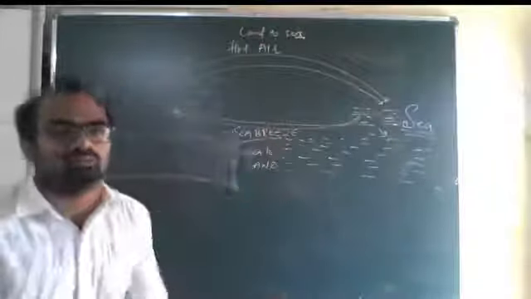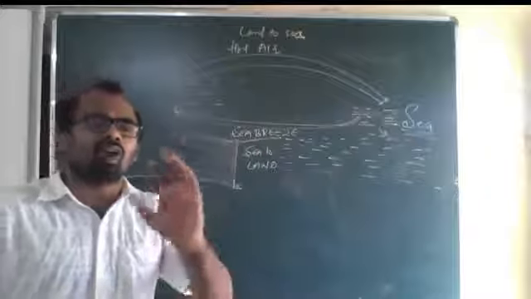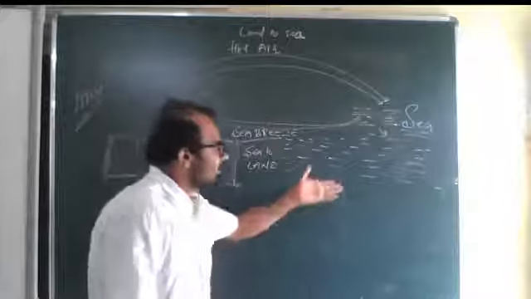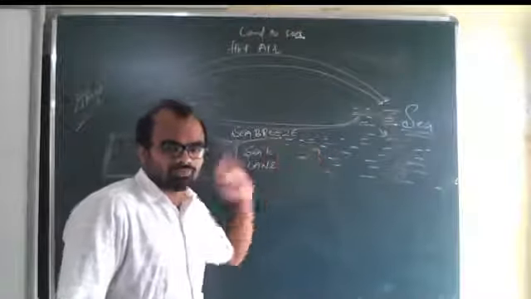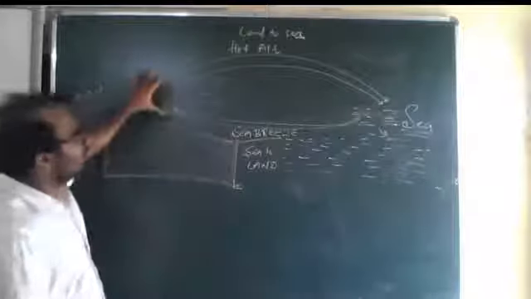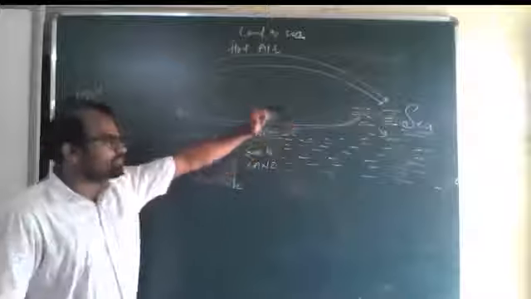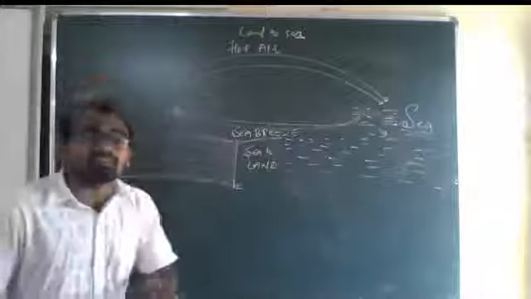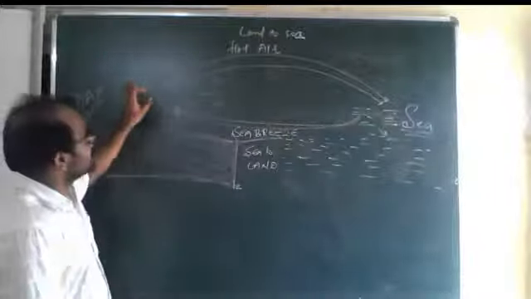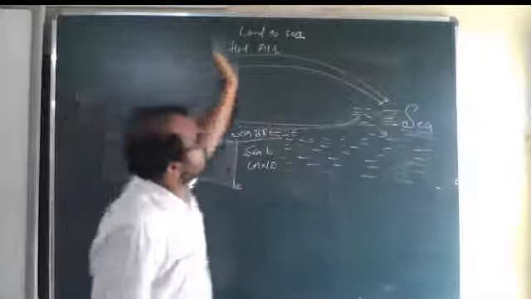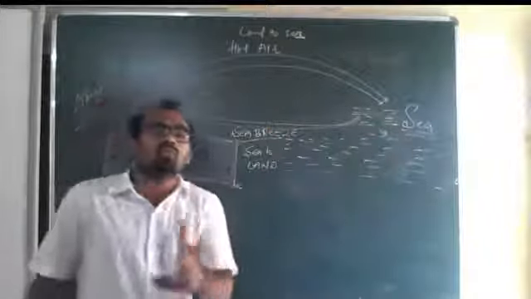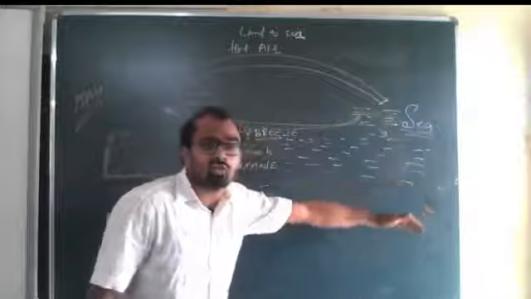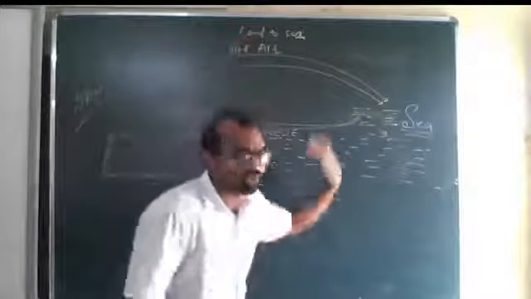But land takes very little time to heat up, while sea or water takes a lot of time. For example, if it is taking 1 hour, it will take 4 hours. So after 1 hour the land is heated and the sea is not, because it needs 4 hours. This heated hot air becomes light, meaning lighter. That light air moves this side. Heat flows from higher to lower, so the air moves this side.